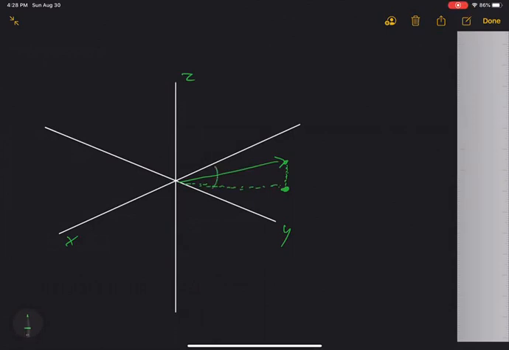So this would be the angle with the x-axis, that's my alpha. On the other hand, the angle it makes with the y-axis, that'd be my beta. And finally, the angle here from the z-axis to my vector, that's my gamma. So those are the direction angles.